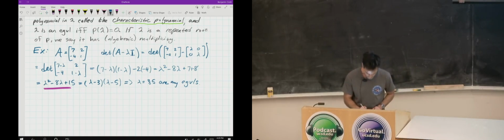Let's first find the eigenvector for lambda equals, how about 3?